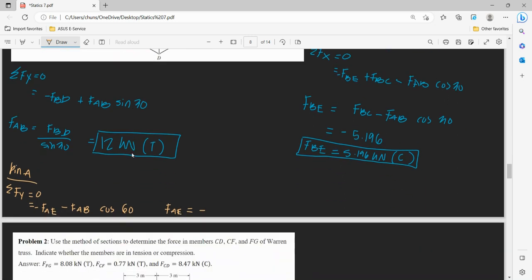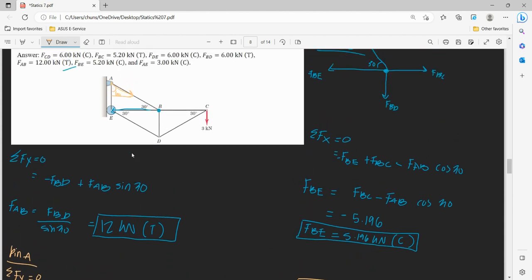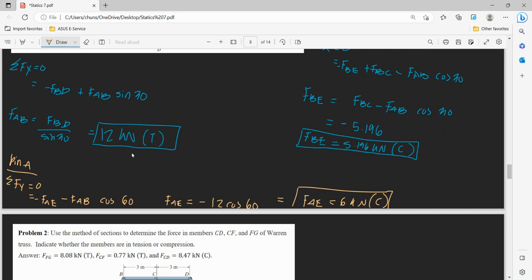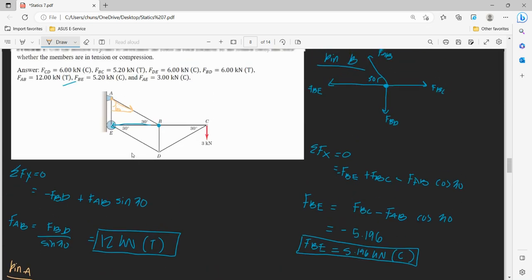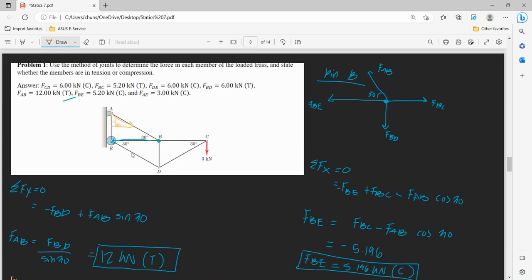So that's 12 cos 60. And this becomes -6. So FAE is equal to 6 kilonewtons compression. Why is that 3?